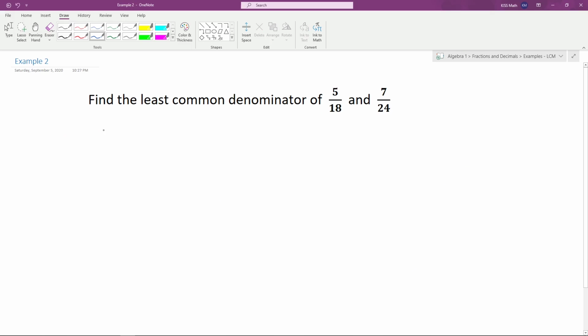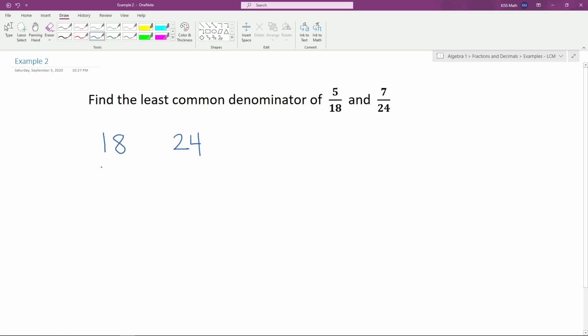Okay, here's another one. Our denominators here are 18 and 24. And we check, does one denominator divide evenly into the other? No, 18 would not go into 24 evenly. So we'll start listing the multiples.